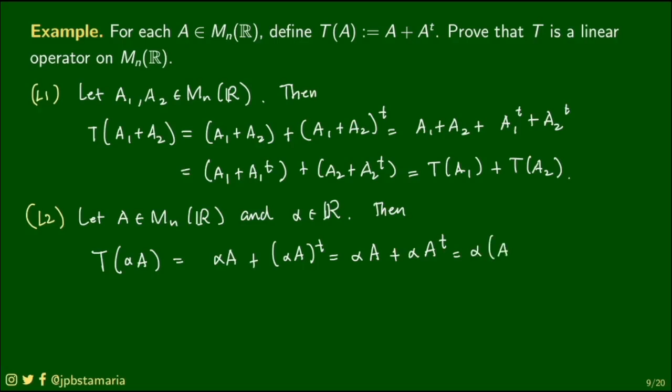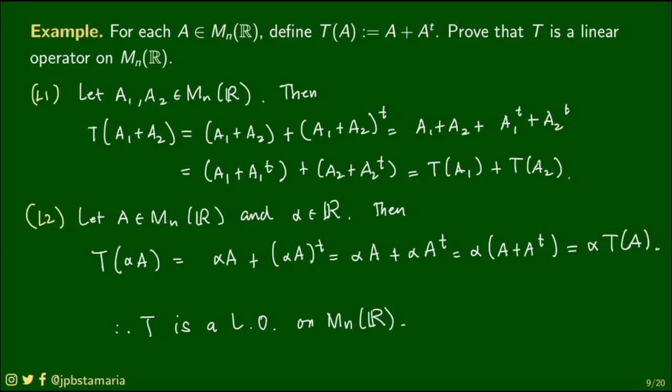You get alpha times the quantity A plus A transpose, and therefore this is alpha times T of A. This proves equation L2. So therefore we can say that T is a linear transformation, actually a linear operator on M_n(R).